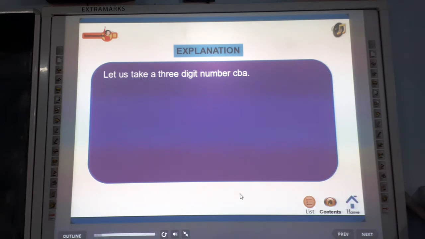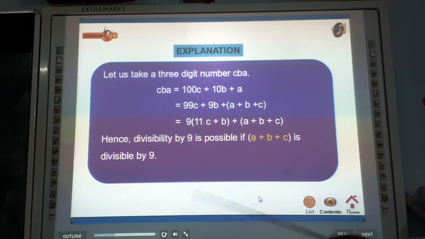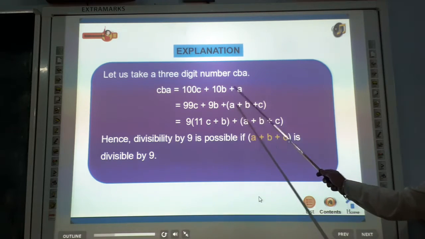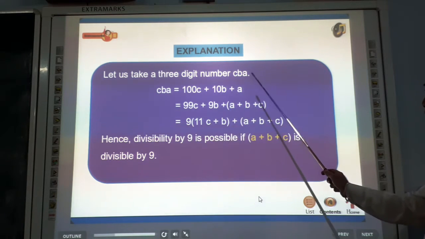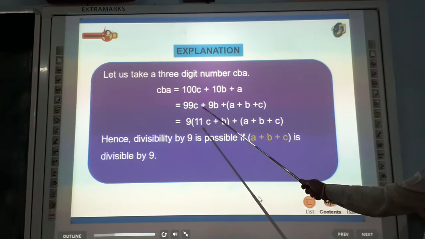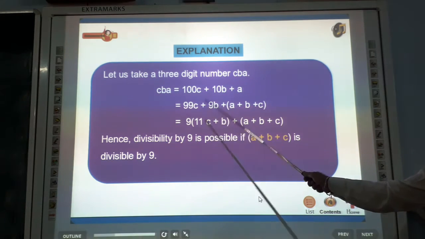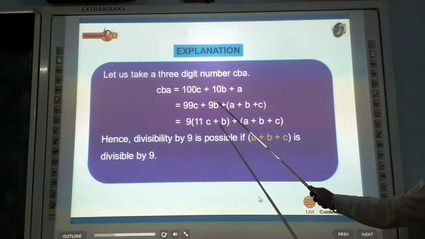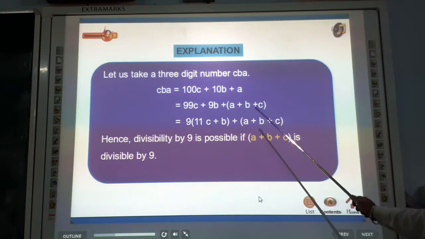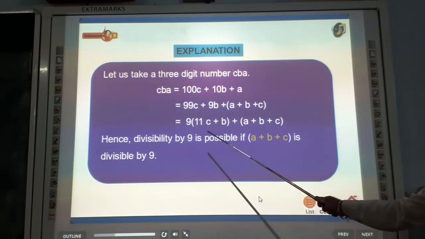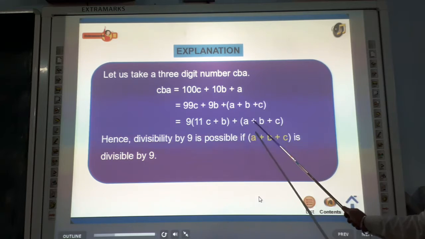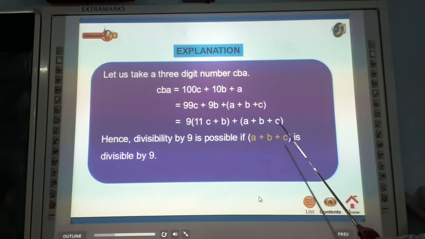Let us take our 3-digit number in the explanation for divisibility by 9. The number is written in the usual form, 100C plus 10B plus A, hundreds place, tens place, ones place, and then 99C plus 1C, that is 100C, 1C is taken separately, and 10B is also taken as 9B plus 1B, so 1B is taken separately, and then 9 times 11C plus B, and we are left with only A plus B plus C, which is shown here in the yellow colored part.